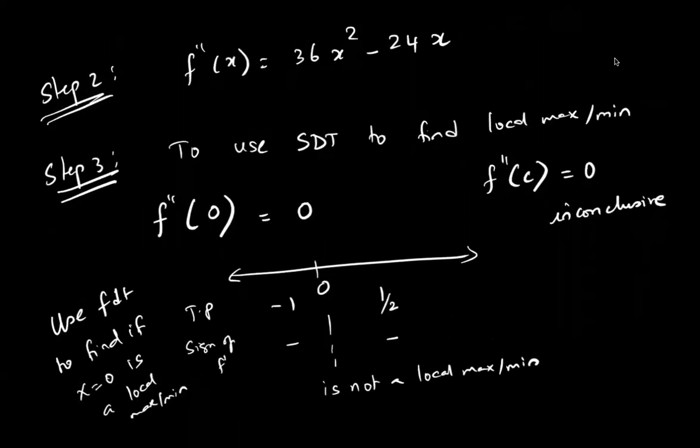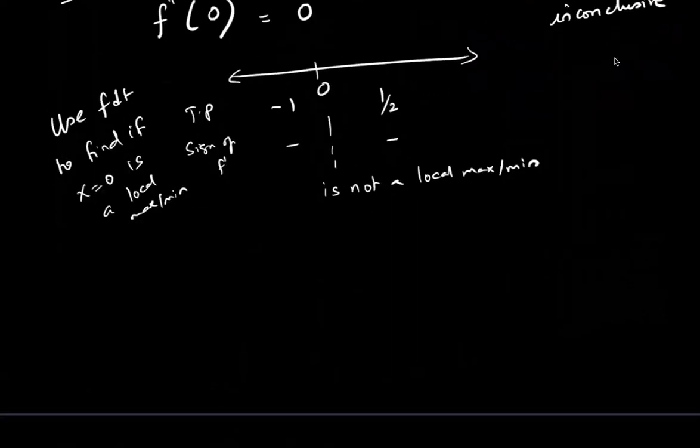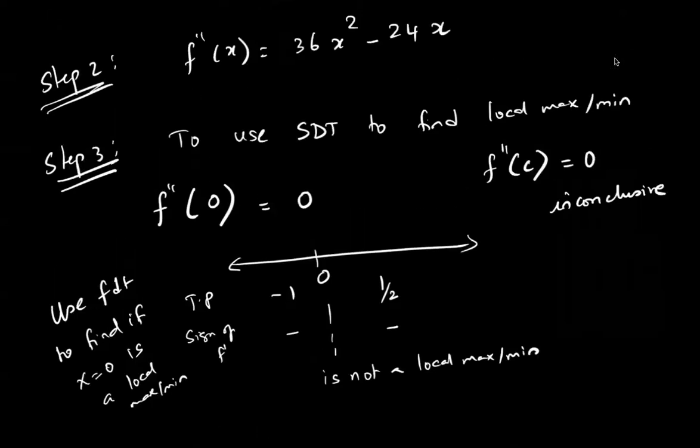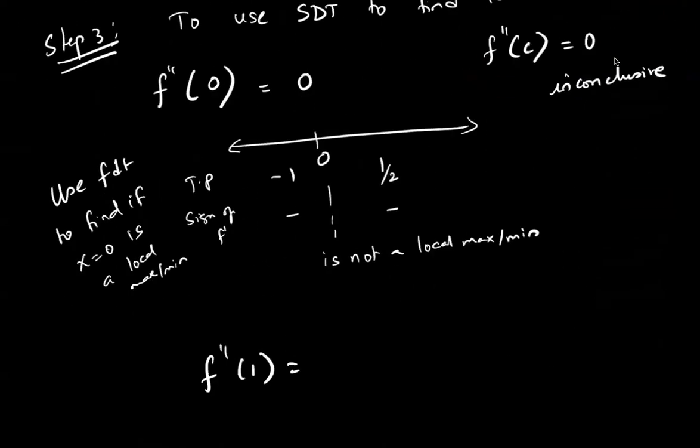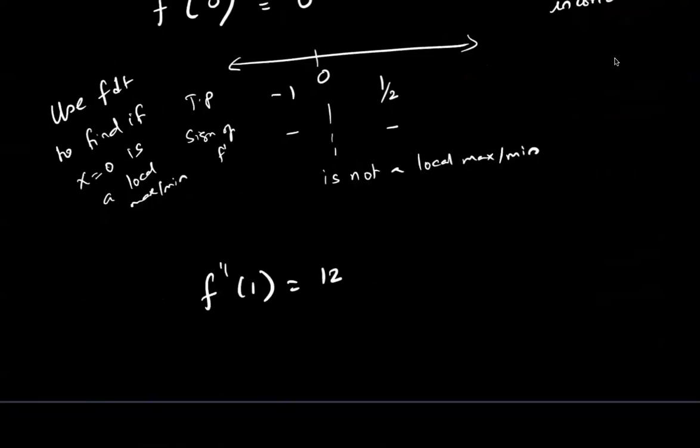Now let's go to the next critical point, 1. So I evaluate f double prime of 1. What do I get? 36 minus 24 is 12. So when your second derivative at the critical point is greater than 0, what does it mean? You have a concave up and you have a critical point here.